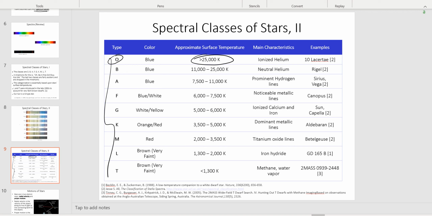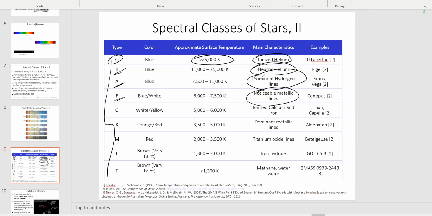O-type stars have weak hydrogen lines. They also can have ionized helium lines. B-type stars have prominent neutral helium lines. They also have stronger hydrogen lines. A-type stars have particularly prominent hydrogen lines. F-type stars have noticeable metallic lines.